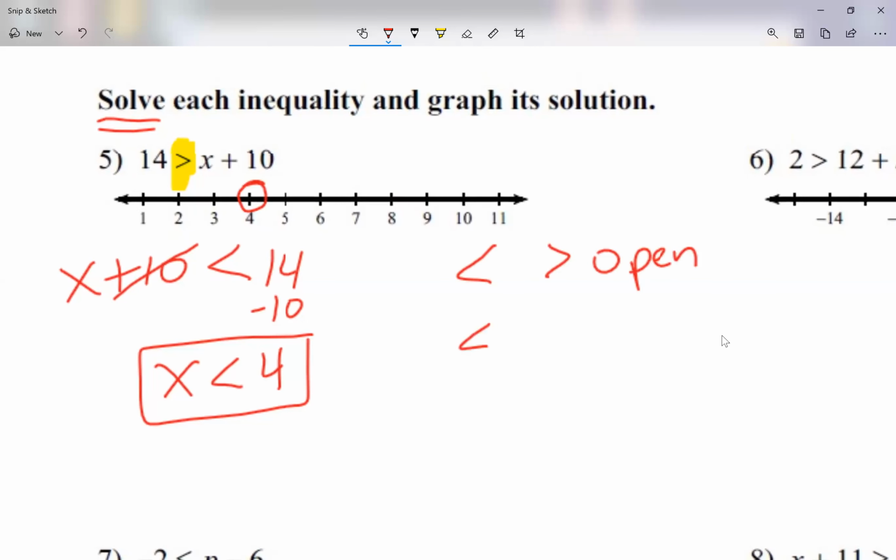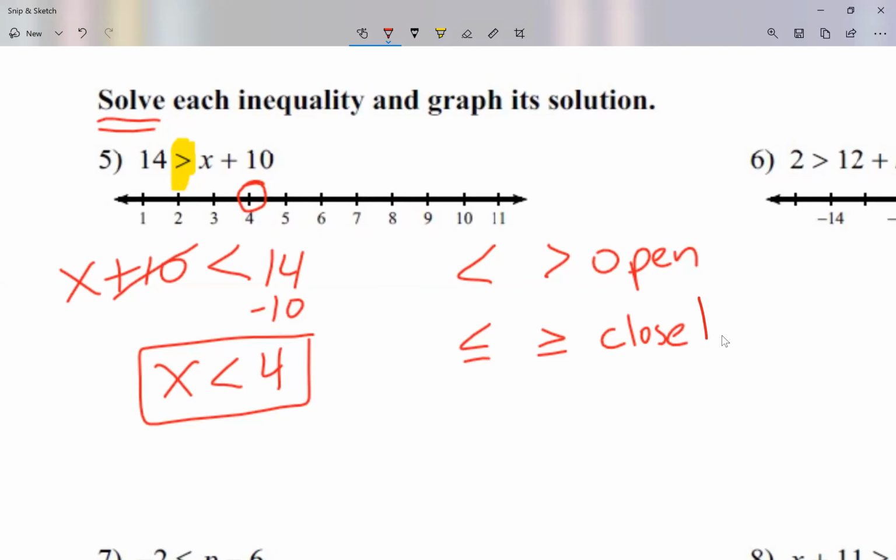But if it has a little line at the bottom, we read that less than or equal to, greater than or equal to. So if it has the little line at the bottom, my circle is going to be closed. So I'm going to fill it in. In this case, I'm going to leave it open.